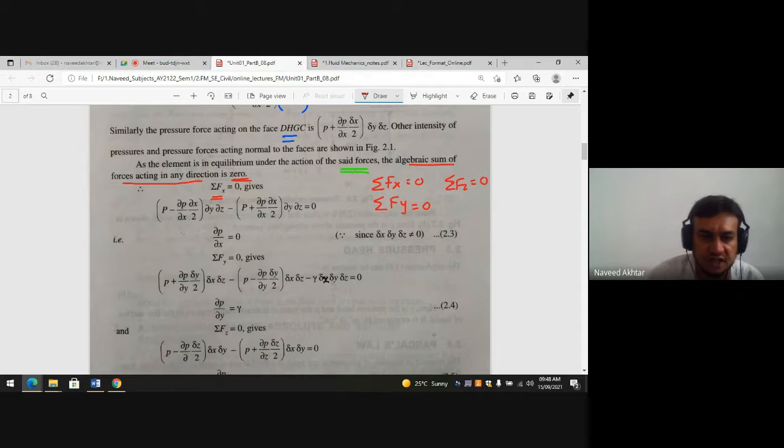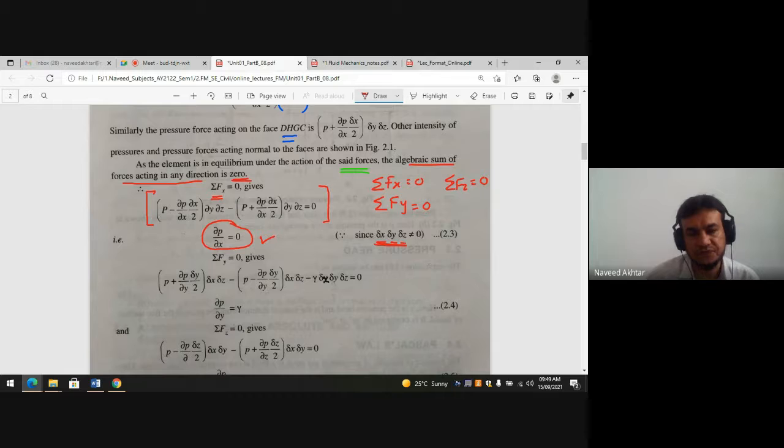ΣδFx equals 0 gives P minus ∂P/∂x δx by 2 into δy δz minus P minus ∂P/∂x into δx by 2 δy δz is equal to 0, as the fluid is at rest. Since δx, δy, δz should not be 0, being an elemental part with some dimension, therefore ∂p/∂x is equal to 0.